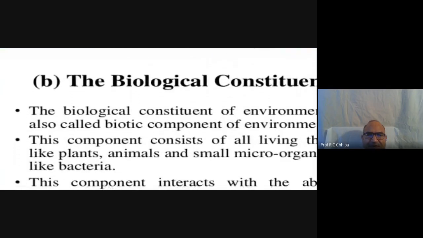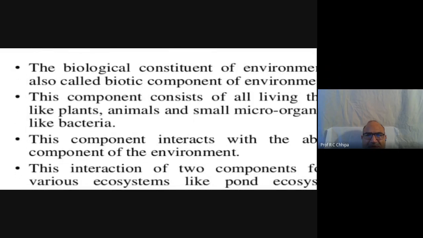And now the next one is the biological constituent. Biology itself means the science of life, and that includes two major things. The first one is the plant kingdom, the other is the animal kingdom. So various plants are there in the biology part. The biological constituent includes life science, the plant science, that is botany.